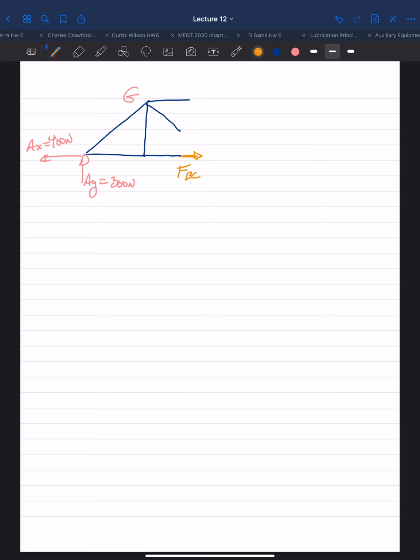We have our FGC and our FGE. And this is a 3, 4, 5 triangle, the slope here. Okay, so 3 unknowns.